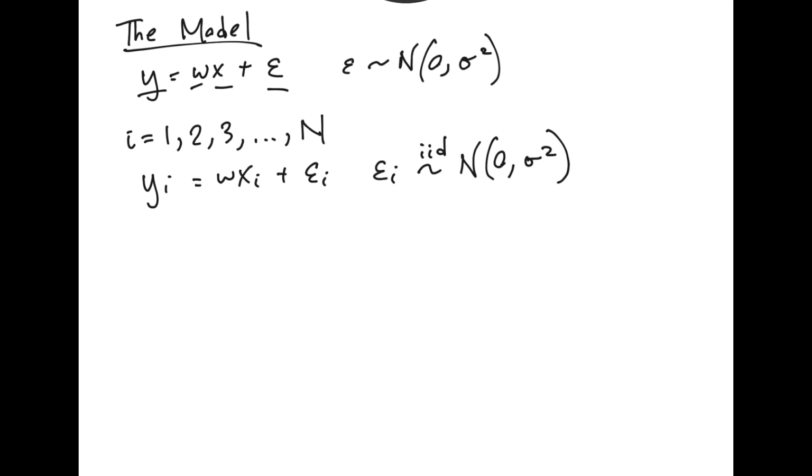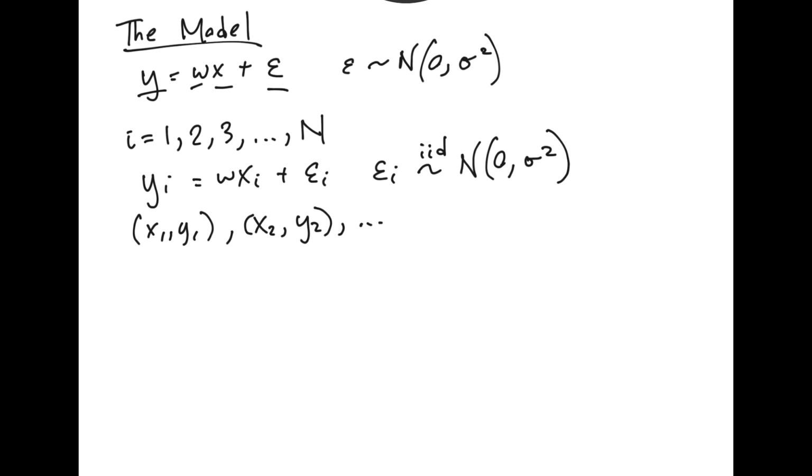Okay, so after we collect these data points, we can imagine our data points are some x1, y1, x2, y2, and so forth. You collect these on a spreadsheet or something like that. And now you would like to find w. So how do you find w? Well, we need some loss function to minimize, and the best w would be the w that minimizes this loss.